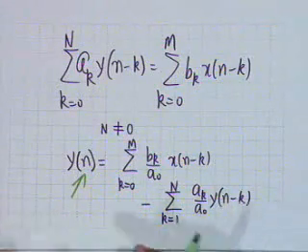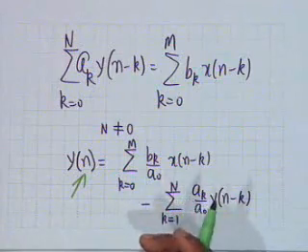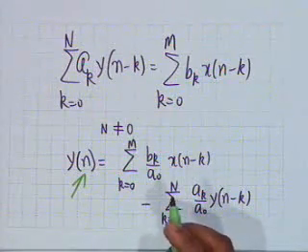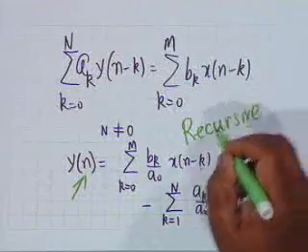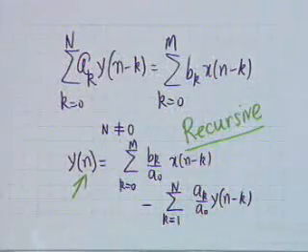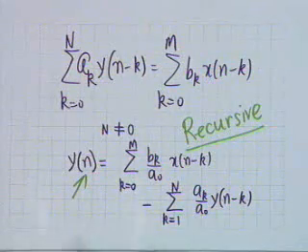And therefore this system requires recursion or feedback. That is, you shall have to ask the memory to give some of the past outputs to compute the present output, and therefore the system is known as a recursive system and the equation is known as a recursion equation.